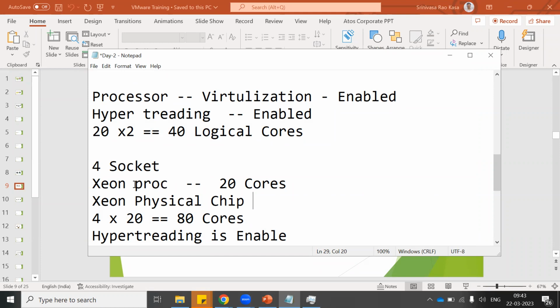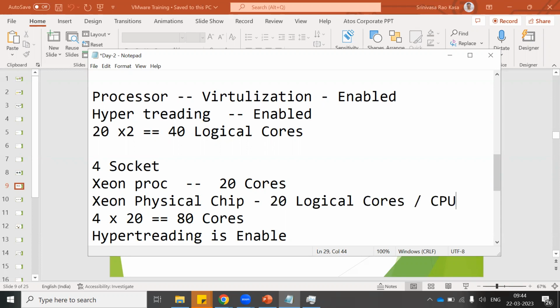In this example, this particular Xeon physical chip processor can support 20 logical cores. That will be clear. Logical cores or logical CPU. This is the configuration of that particular processor chip.